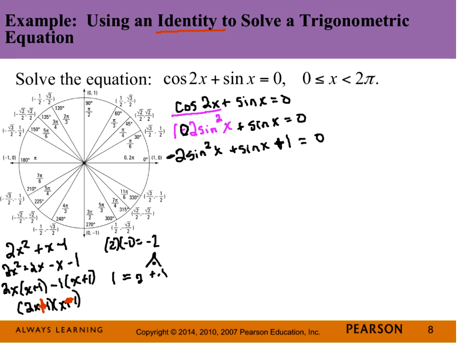Sorry about that. So I'm going to come back over here and rewrite this in its factored form and plug back in my sine of x's where I was just using x's over here when I was factoring.